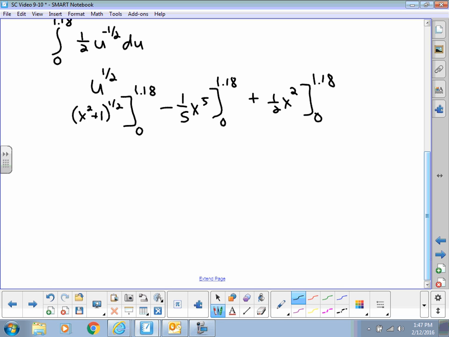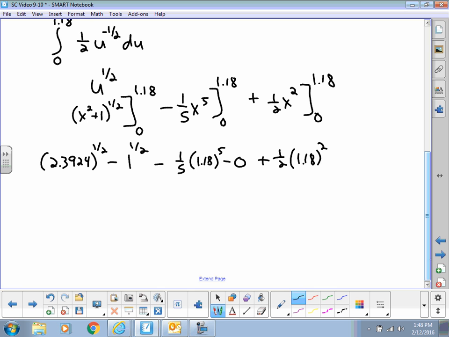Well, when we sub in 1.18, this is going to end up as 2.3924 to the 1/2 minus 1 to the 1/2 minus 1/5 times 1.18 to the 5th minus 0 plus 1/2 times 1.18 to the 2nd minus 0.